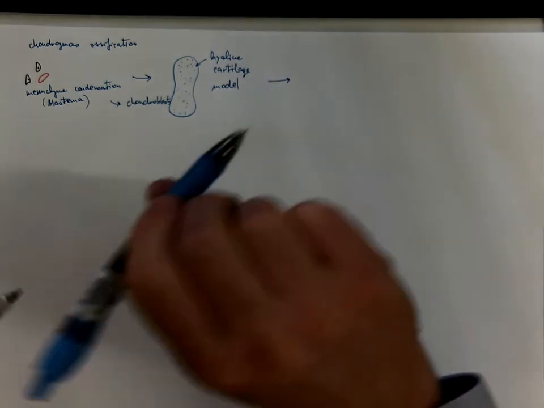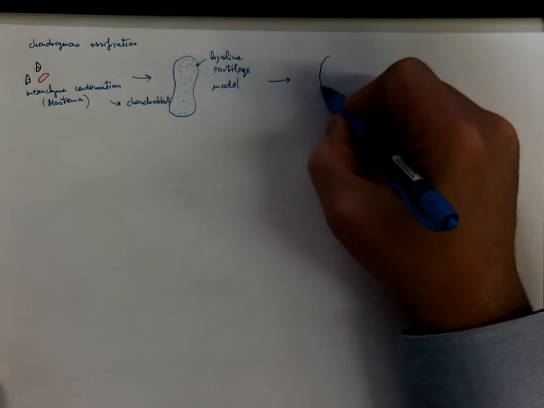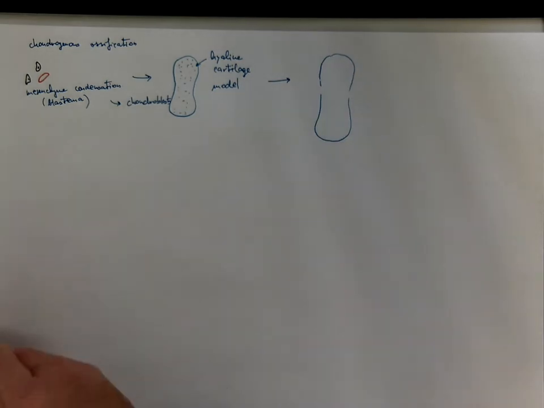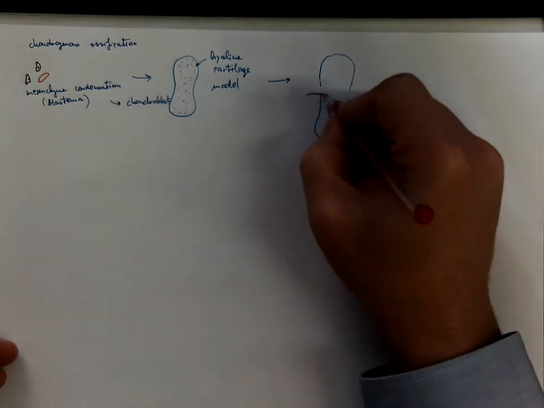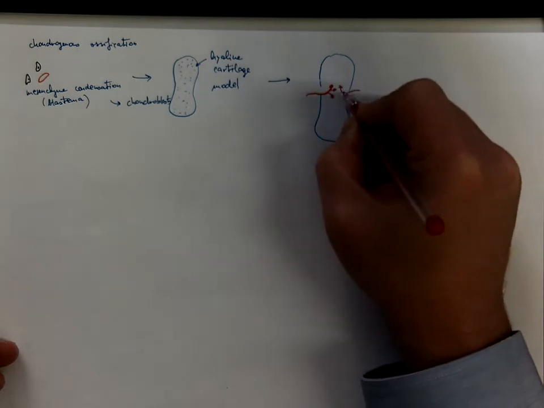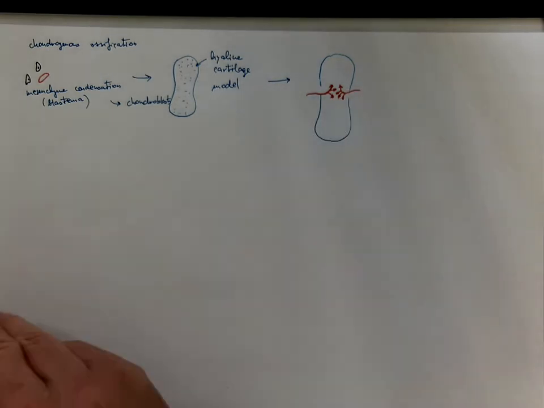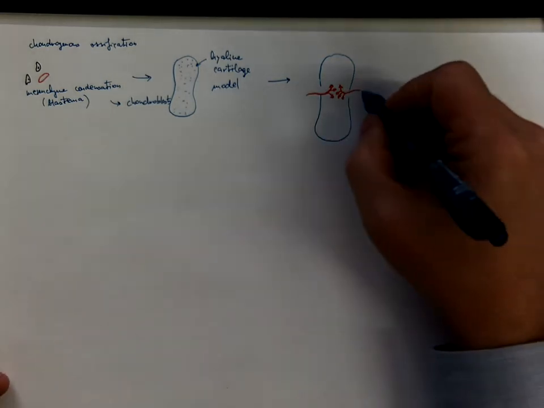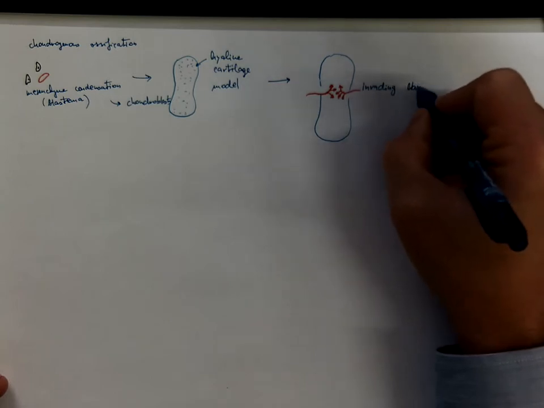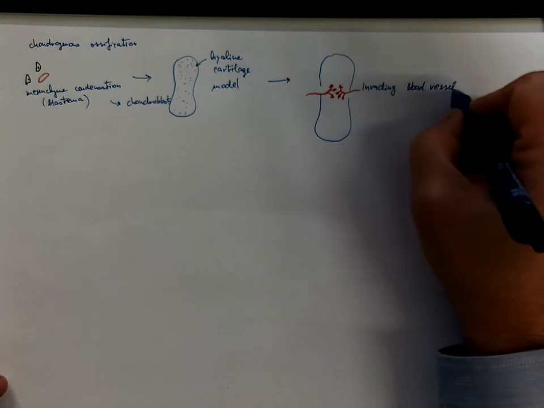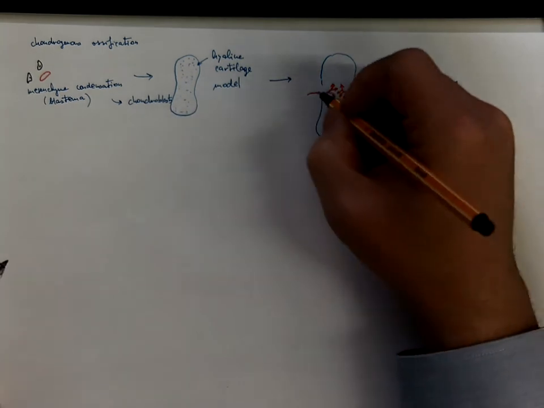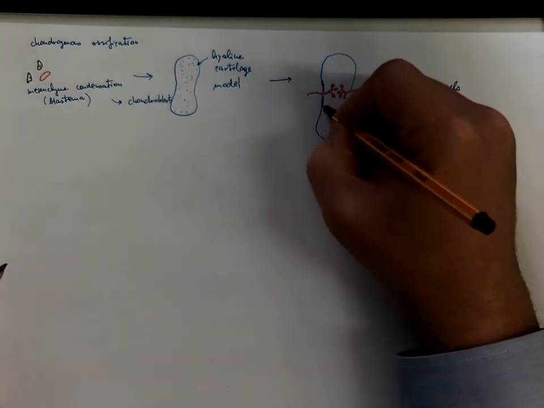Next, this cartilage model becomes penetrated by blood vessels growing in, usually in the diaphysis. I took here an example of a long bone. So in the diaphysis region we have invading blood vessels. This is accompanied by first ossification of the diaphysis.